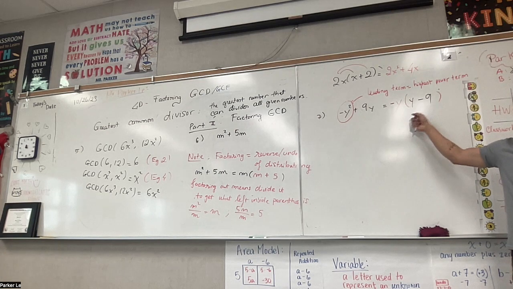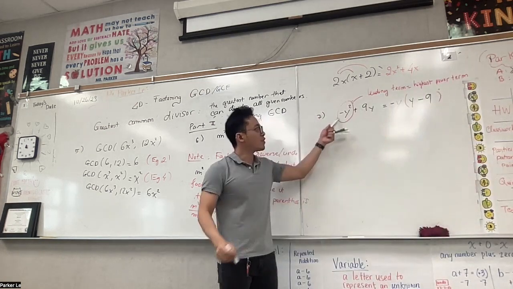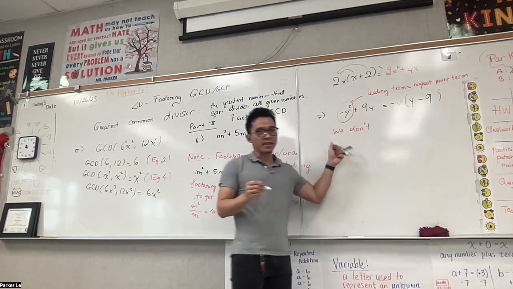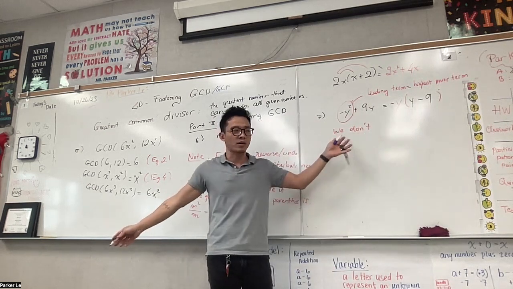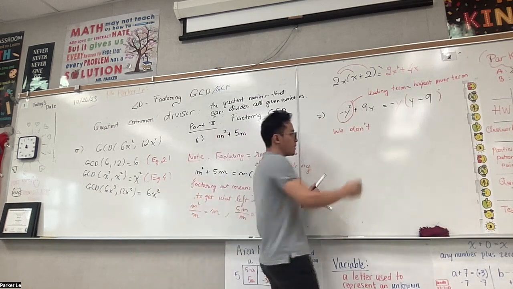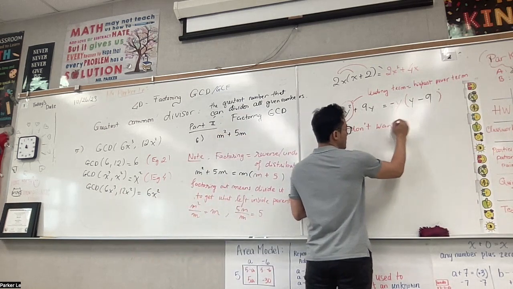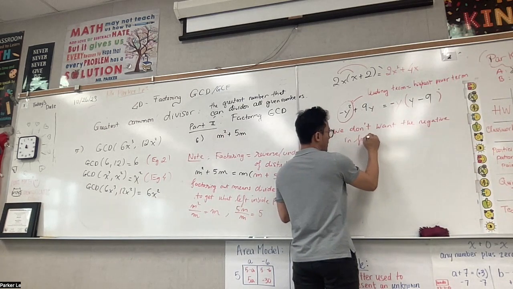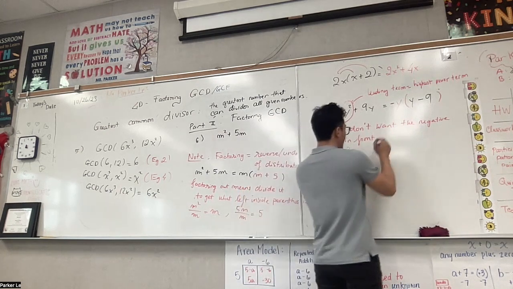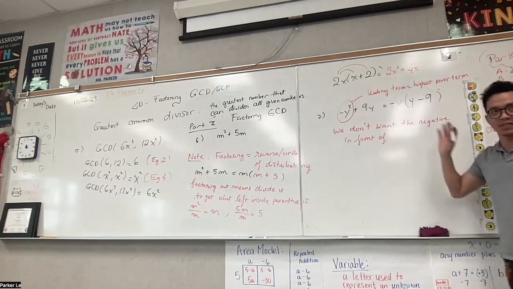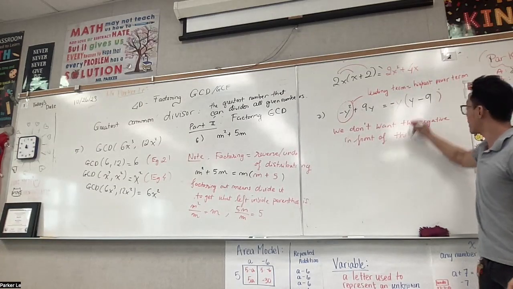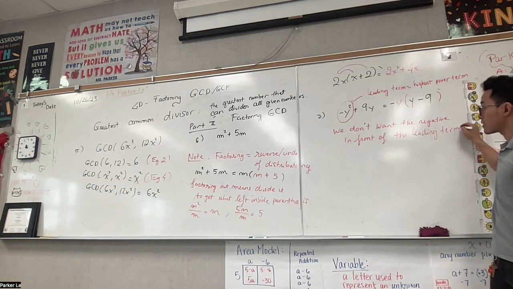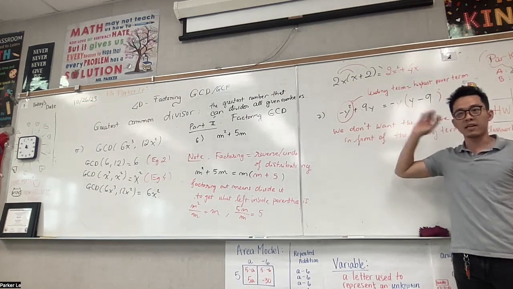Do you get this? Let me say it again. We don't want the negative in front of the leading term. Because trust me, later on, after a couple of lessons, you go back and you don't remember why we do this. So notes are very important, very helpful. The leading term again is the highest power, not just the first term, because sometimes we can trick you.